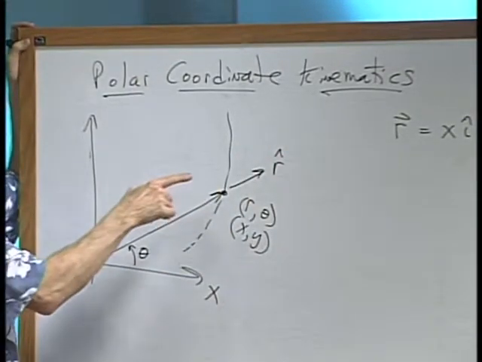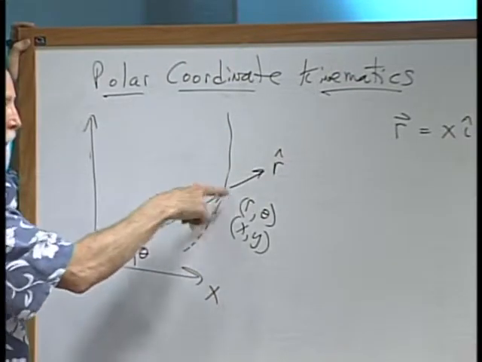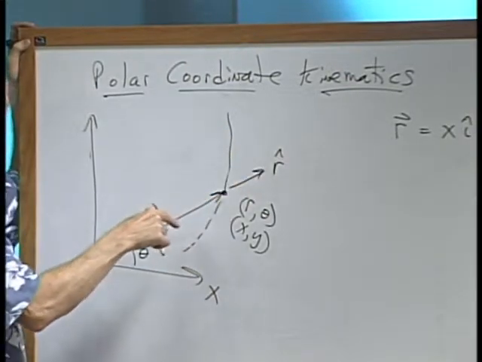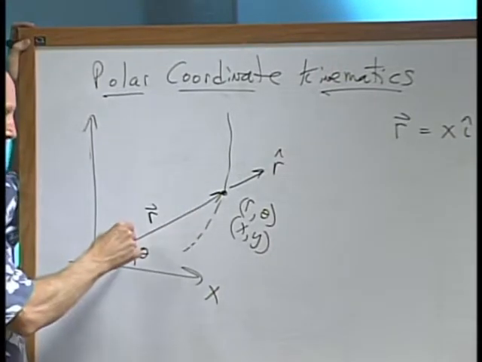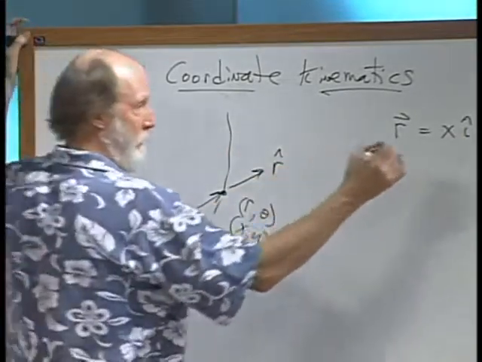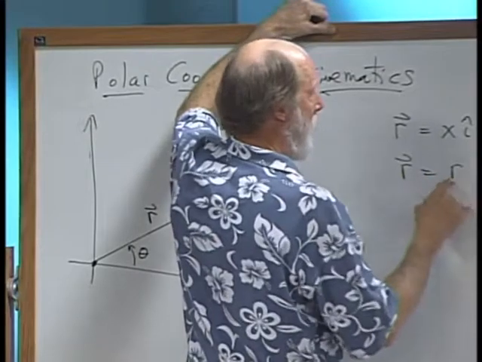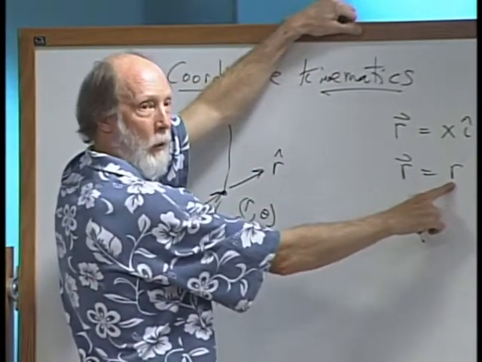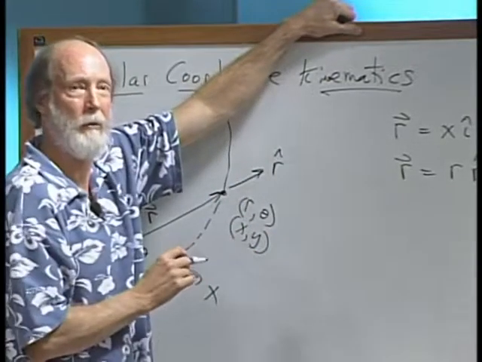Now the direction of that is going to change as this particle moves along a path, as well as oftentimes the length r. Feel good? So that's where we start. The position vector in polar form is defined as the distance from the pole times a unit vector in that radial direction.